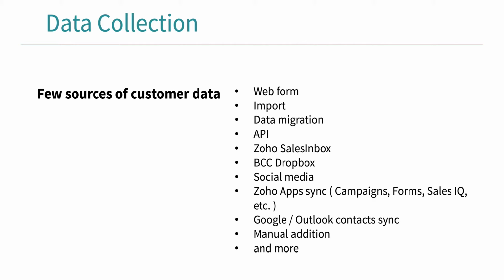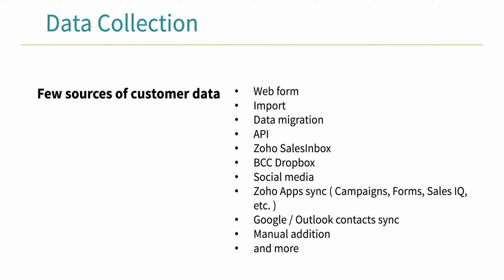As you could see, there are so many different ways through which the data comes inside Zoho CRM. A few examples I have quoted: web forms, import, data migration, APIs, probably through the application synchronizations between Zoho CRM and the Google Contacts, Outlook Contacts, Office 365, and so on and so forth.